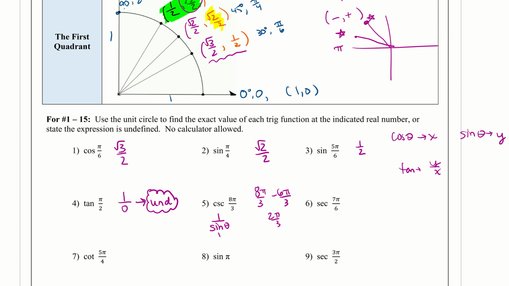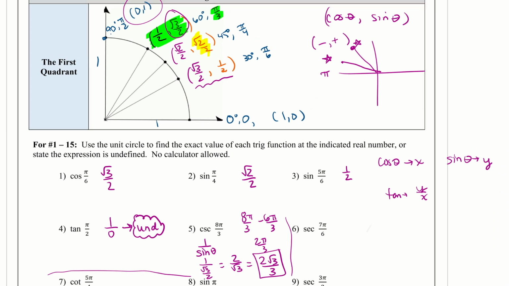So this is going to be 1 over root 3 over 2, which means 2 over root 3, which when I rationalize this would be 2 root 3 over 3. So that one is tricky. As soon as they get over 2 pi, you do need to subtract 2 pi or 360 so that you can find a coterminal angle.